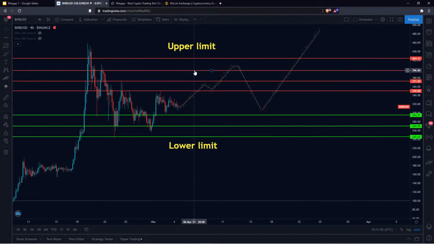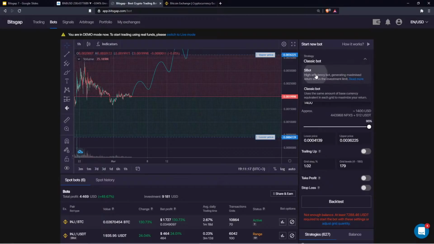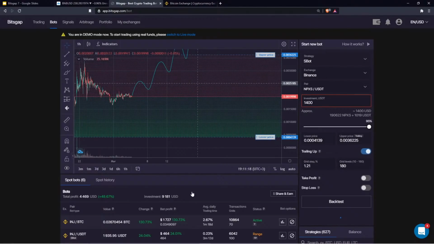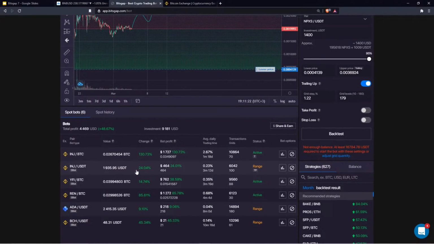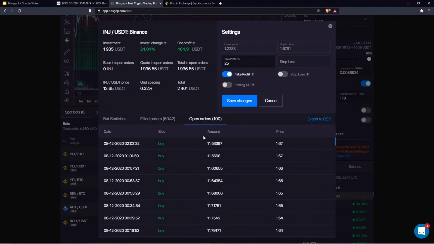So these things that I demonstrated to you here are the grid levels. These are grid sell orders, and these are grid buy orders in this case. And in the S-bot strategy, actually I have one active strategy over here to demonstrate. We go to open orders. So you see the amount is different depending on the price.